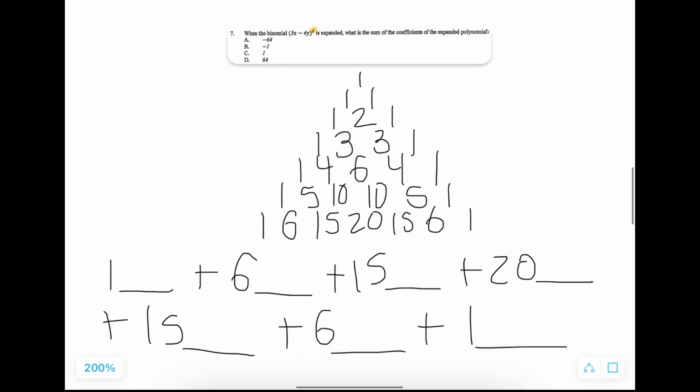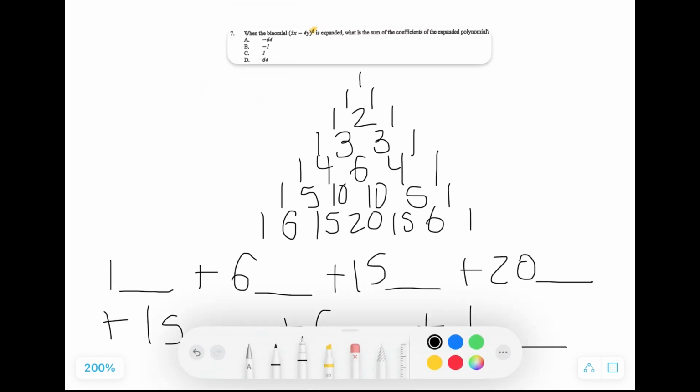Well, we're going to look at our first term, the 3x, and we're going to put it to the 6th power and then have that power descend.